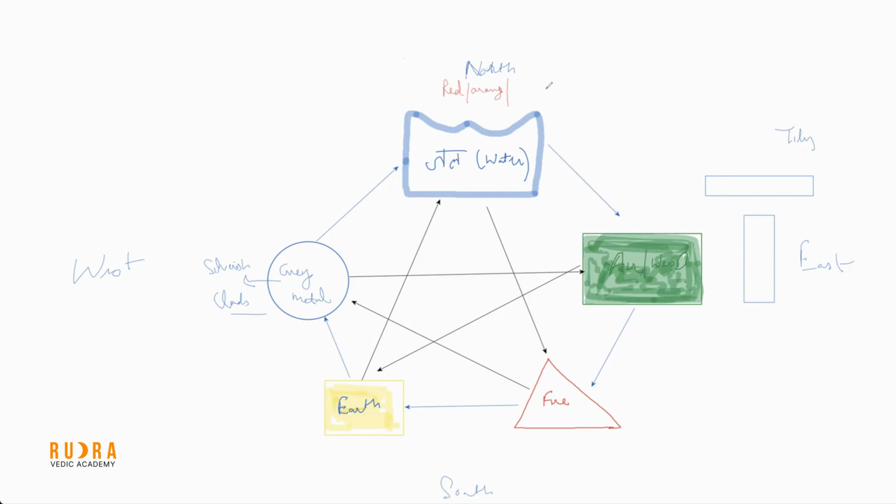You have dark yellow in the north. You see? Look at the screen. Earth, Jala. Means you have dark yellow in the north.